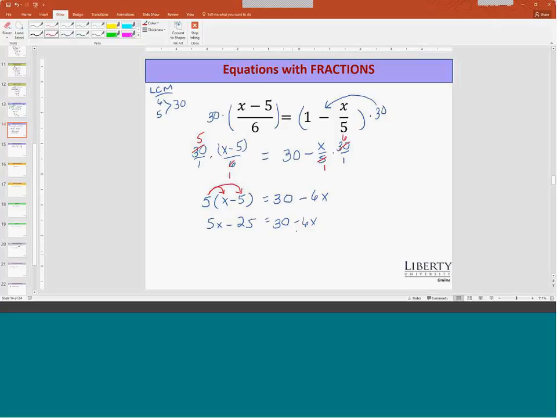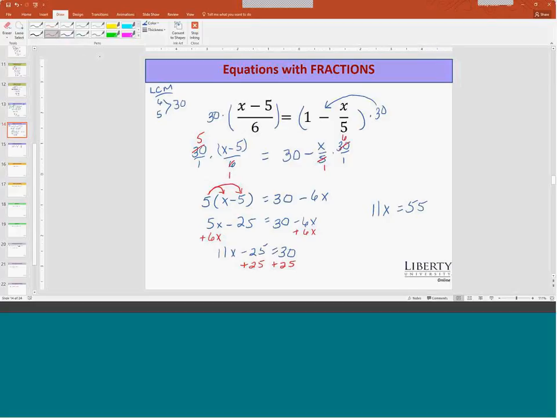As usual, we're going to get rid of this minus 6x by adding 6x to both sides. And that gives 11x on the left, minus 25. Get rid of the minus 25 by adding 25 to both sides. 11x is 55.